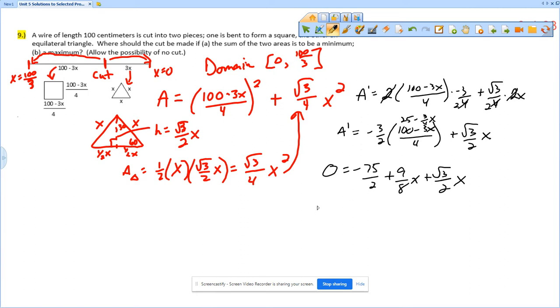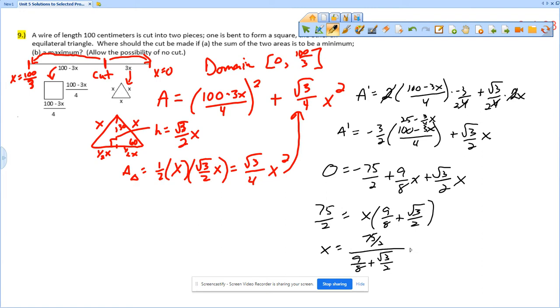And so now I'm going to add 75 halves, and then I'm going to factor out the x. And so I have 9/8 plus root 3 over 2. And so now I'm going to divide. So x is going to be 75 halves divided by this 9/8 plus root 3 over 2. And so now that is one of our x values.